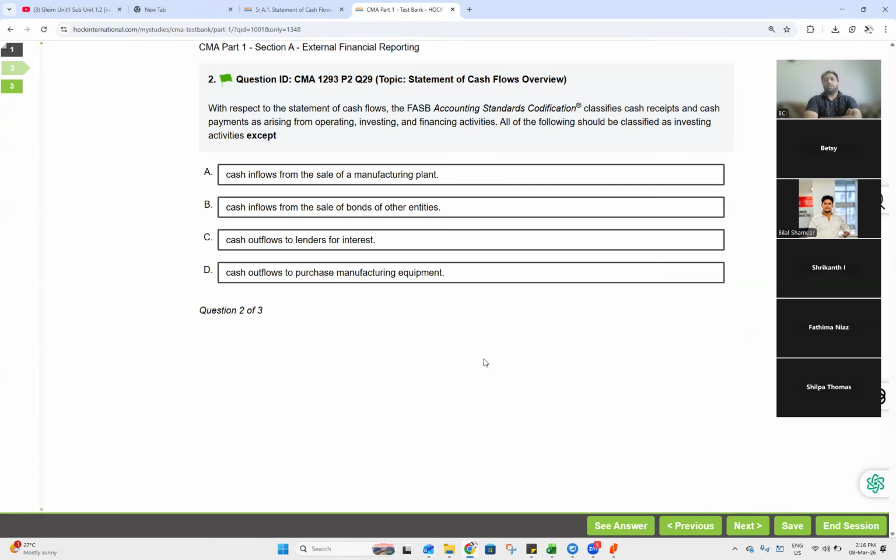Now, with respect to the statement of cash flow, the FASB, Financial Accounting Standards Board, Accounting Standards Codification classifies cash receipts and cash payments arising from operating, investing, and financing activities. All the following should be classified as investing activities, except what?